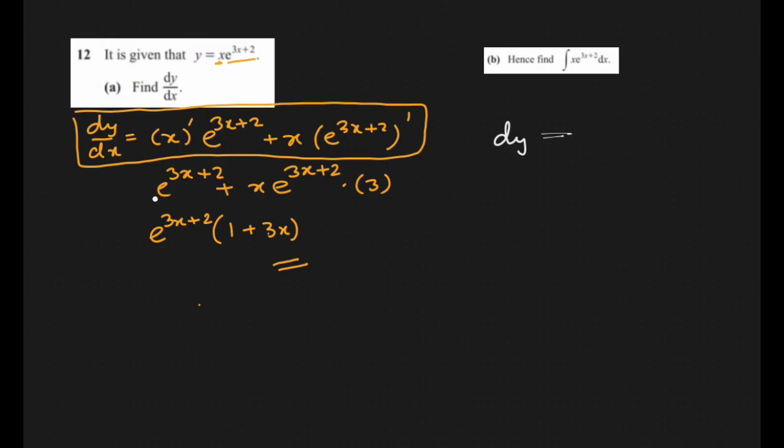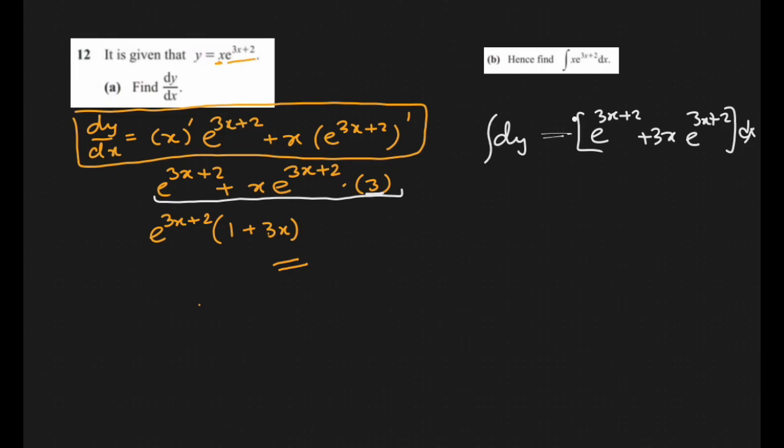I'll write the one which I differentiated on the other side. e to the power 3x plus 2 plus 3x e to the power 3x plus 2. I rewrote this. This dx I can write on the other side. I cross multiplied basically.